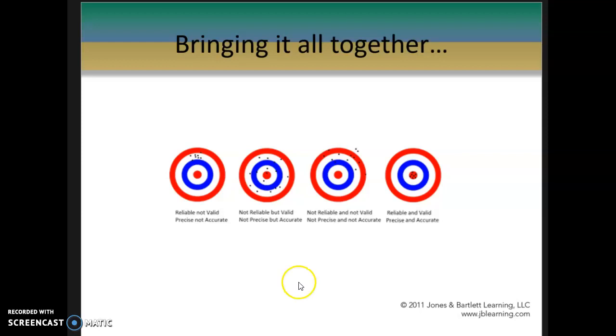So what we want overall in the test that we're doing, say a screening test or a specific test for a diagnosis, we want to make sure that it is reliable, valid. It is also precise and accurate, meaning it's specific, and sensitive, meaning it truly tests what it's supposed to test, the positivity of a disease being there, and also it shows if a disease is not there.